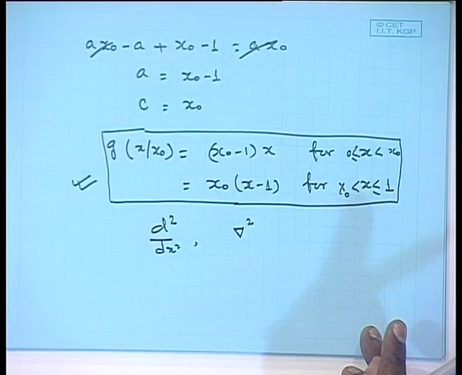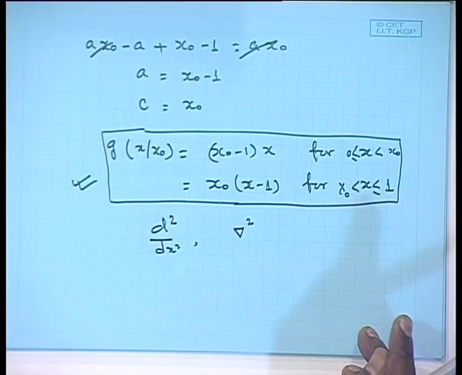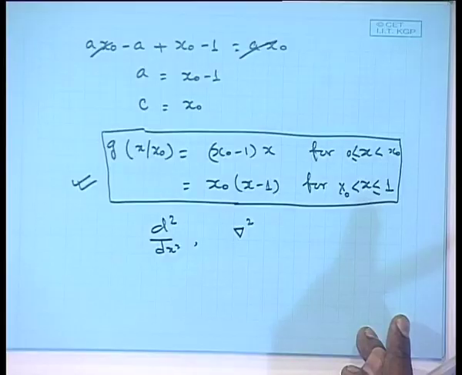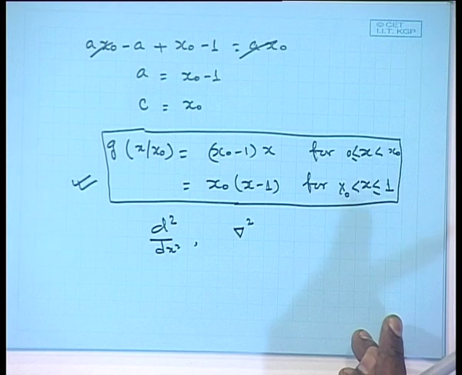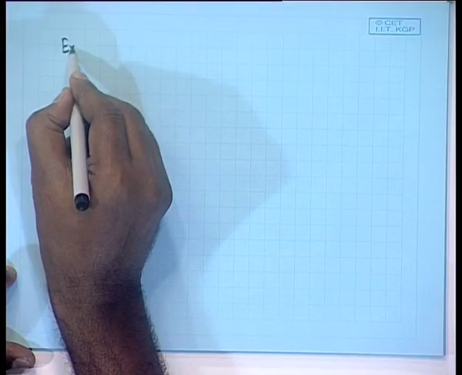Now, we will have one example with an actual problem, obtaining a solution of an ordinary differential equation first, then we will extend the same idea to the partial differential equation. Let us say example 2.